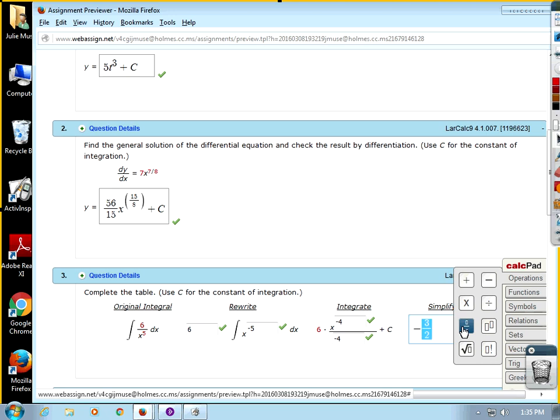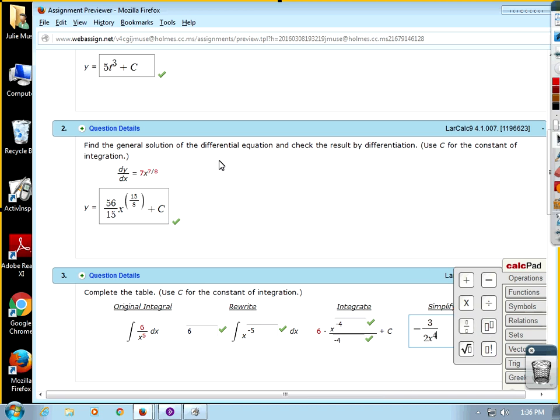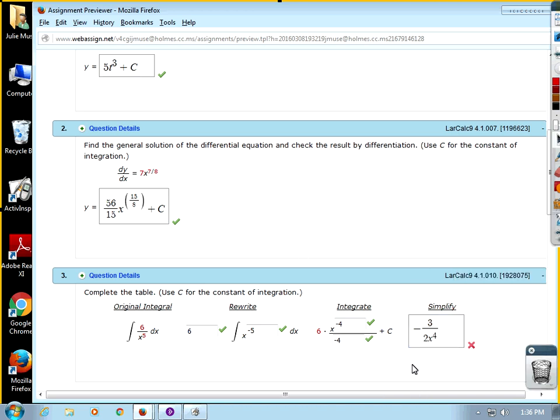So, okay, I'm just going to go ahead and put in the fraction box. So -3 over 2. So our x would be on the bottom, x to the +4. My shift 6 wasn't working for some reason. All right, let's see if that's going to work.